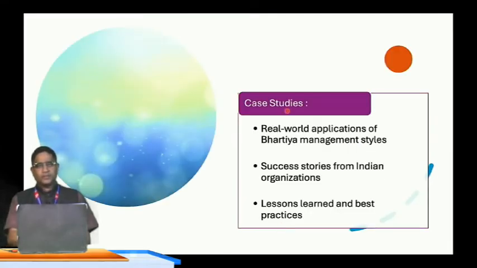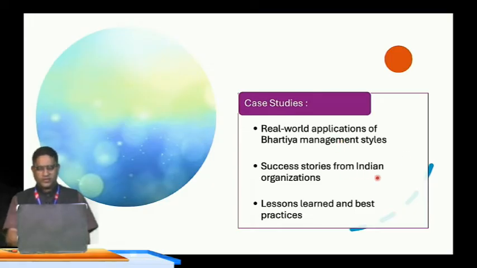In the case studies, the students would also learn about real world application of the Bhartiya modern management style. Like you are aware of the Indian Dabbawala, the style in which they work is error free. We have navigations and location navigation bars right now, but even during that time the Bhartiya Dabbawala, the Bombay Dabbawala, was famous worldwide, and that is also called Bhartiya management theory, where there is no error.